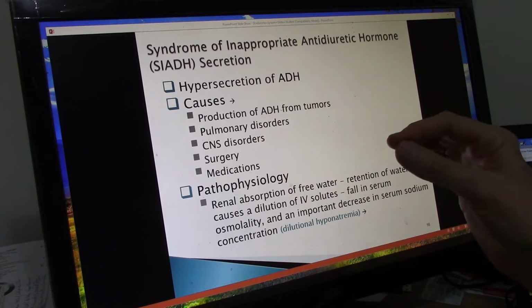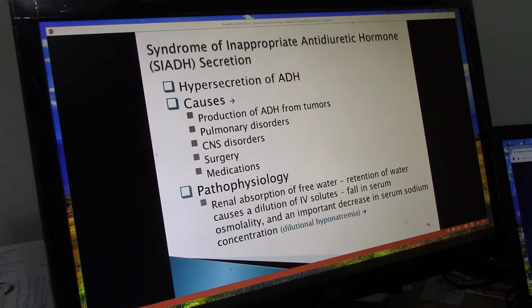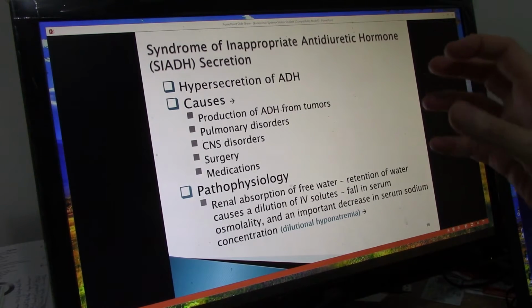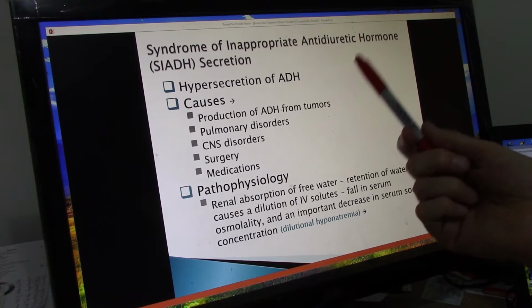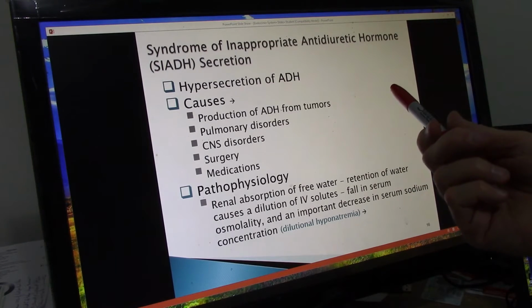And when that happens, they have such a low concentration of sodium that their neural system doesn't work effectively. And one of the things you will see is a change in cognition, a change in behavior. Patients will be very confused. They will be acting bizarrely because sodium and other electrolytes are so important to the function of the nervous system.